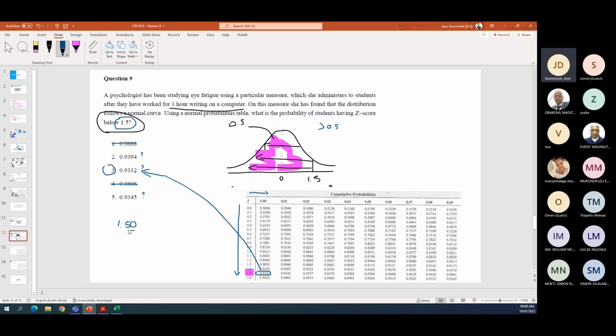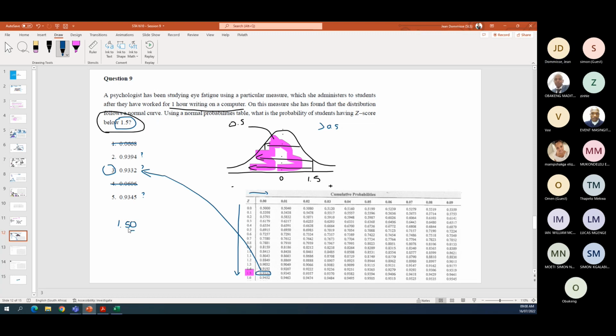So just be very careful in this instance that what they are doing here is that they're not giving you the second decimal. The second decimal is at 0, so they don't need to show it.